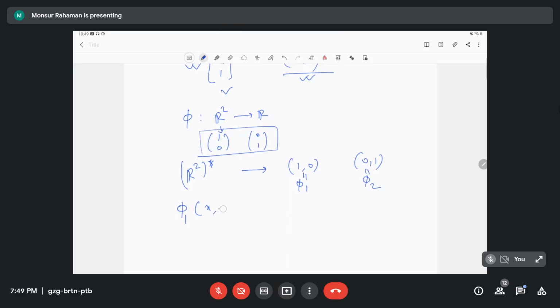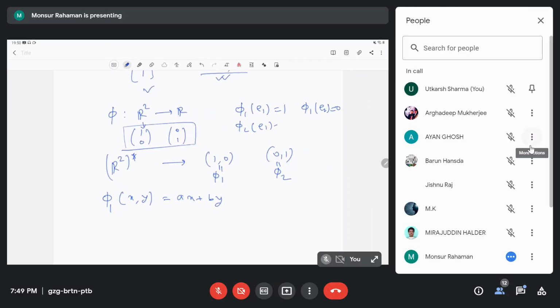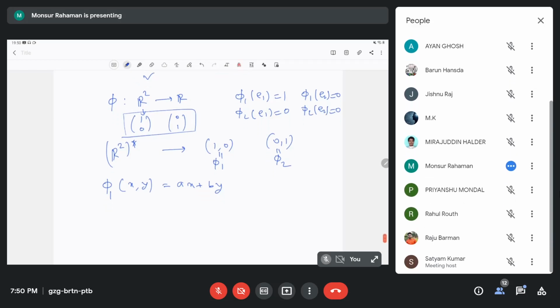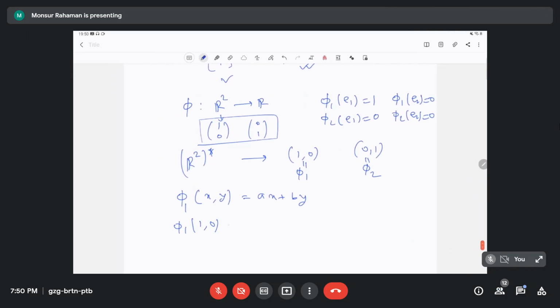So phi 1 of (x, y) will be ax plus by, and by the rule phi 1 of e1 is 1, phi 1 of e2 is 0, phi 2 of e1 is 0, and phi 2 of e2 is 1. Okay, so phi 1 has to be this. So phi 1 of (1, 0) has to be a by this definition, which is given as 1.